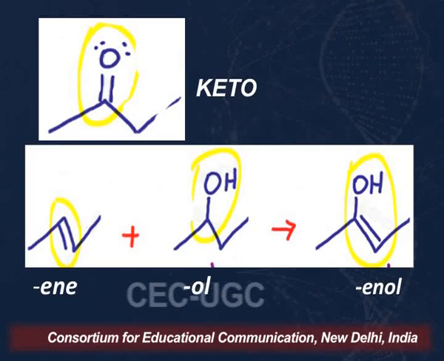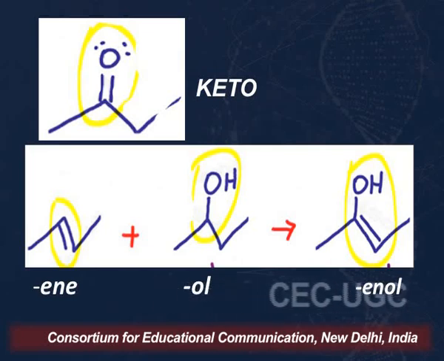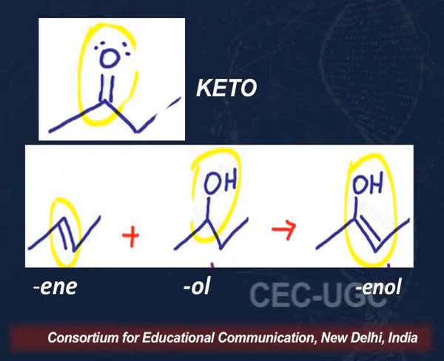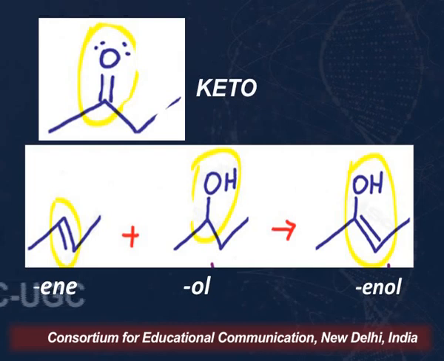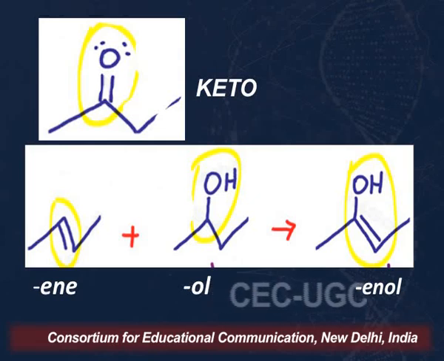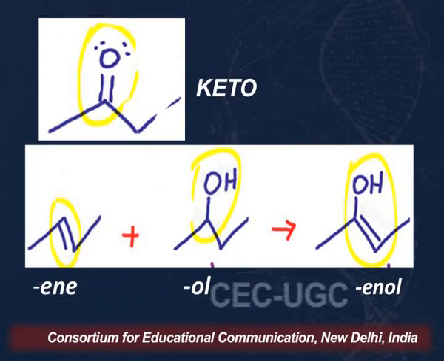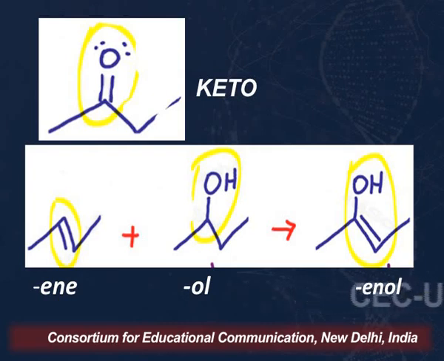So we are now joining two terms, ene and ol, and that becomes enol. You have to keep in mind what is so particular about enol. In enol, the OH is attached to a carbon which is containing the double bond. It is directly attached to the double bond. If this OH was not attached to the double bond, if it was attached to some other position, then it would not be the enolic form.